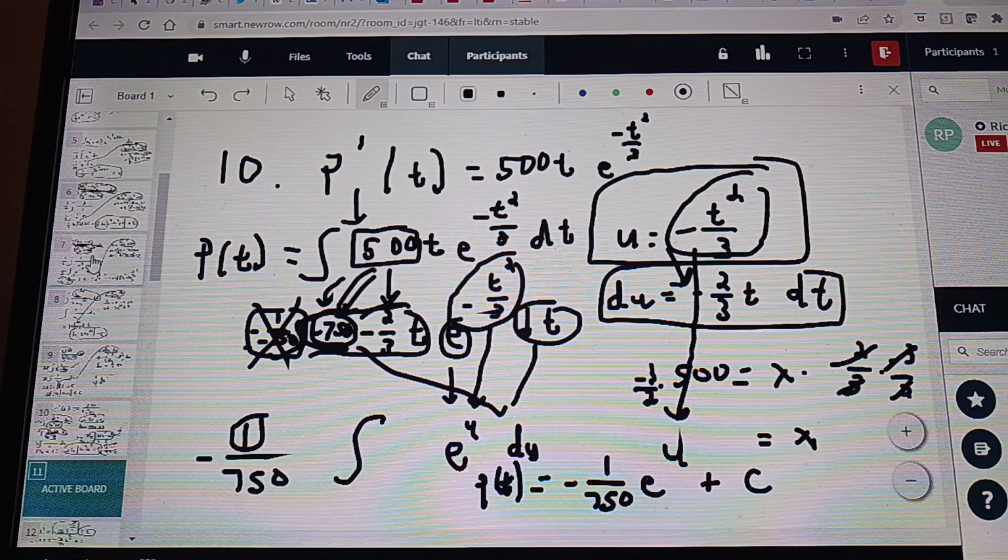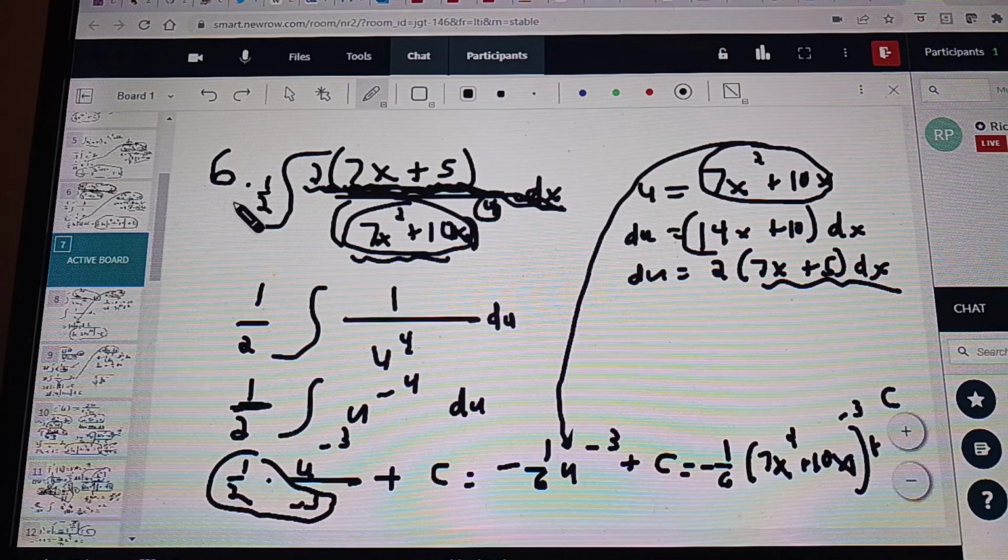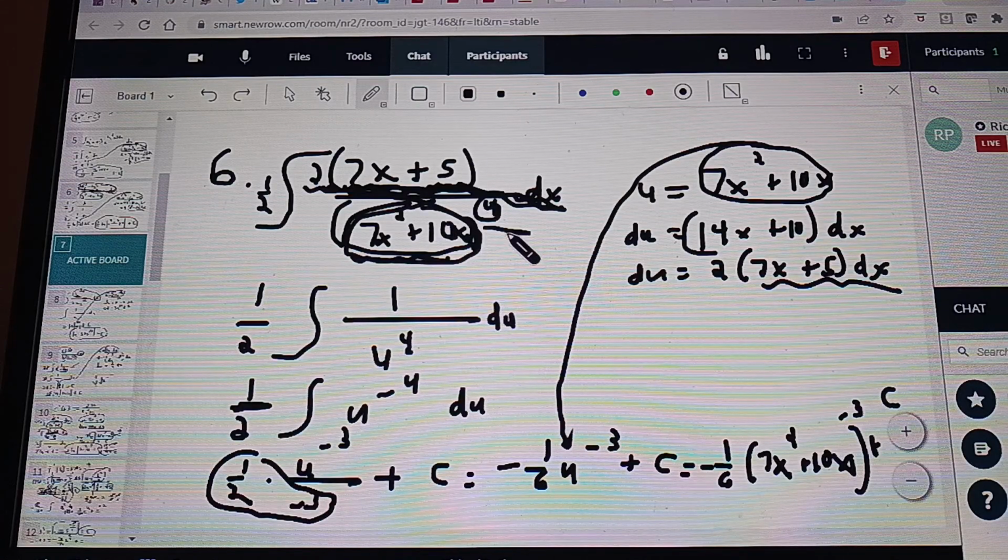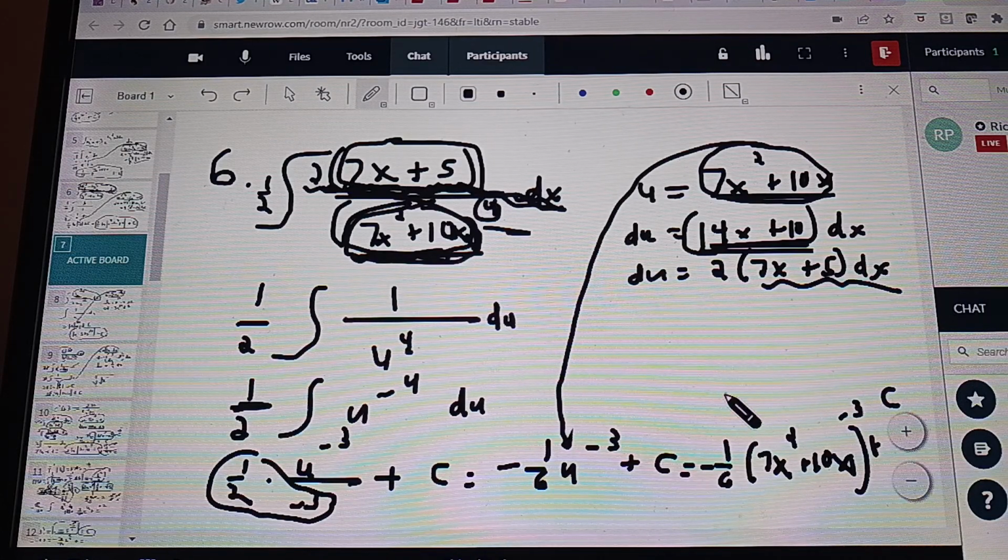So if you go back to number 6, in number 6, I set the denominator part equal to u, except for its exponent. I set the denominator equal to u, and the derivative of it did not exactly equal what was here, but it was only off by a constant.